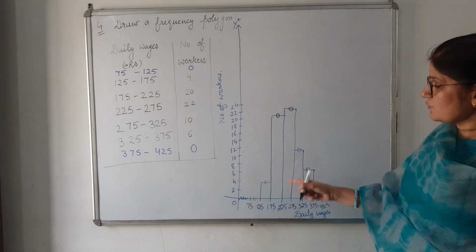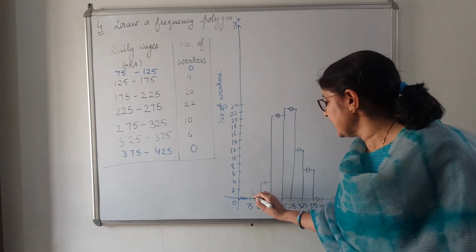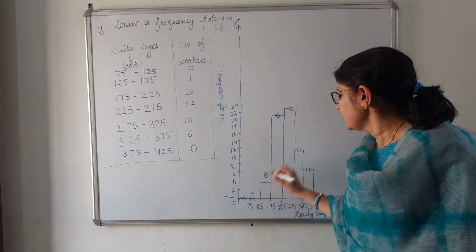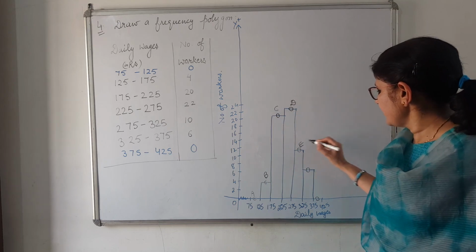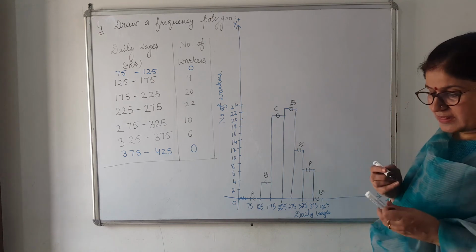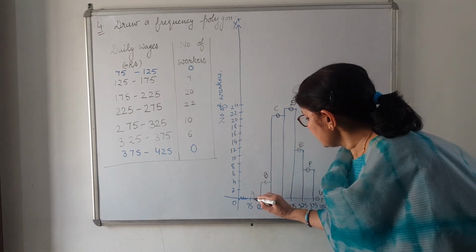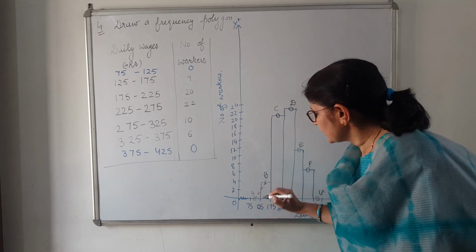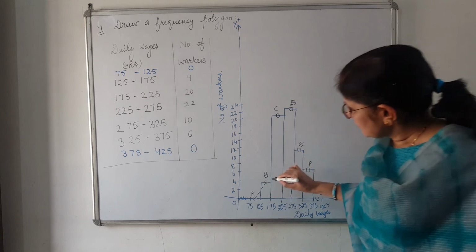If you are confused when you are joining, you can name them just like this. This point is A, B, C, D, E, F and G. Now alphabetically you can join them and you get your frequency polygon. So with a scale, a dotted line can also be used, or otherwise you can use straight lines.